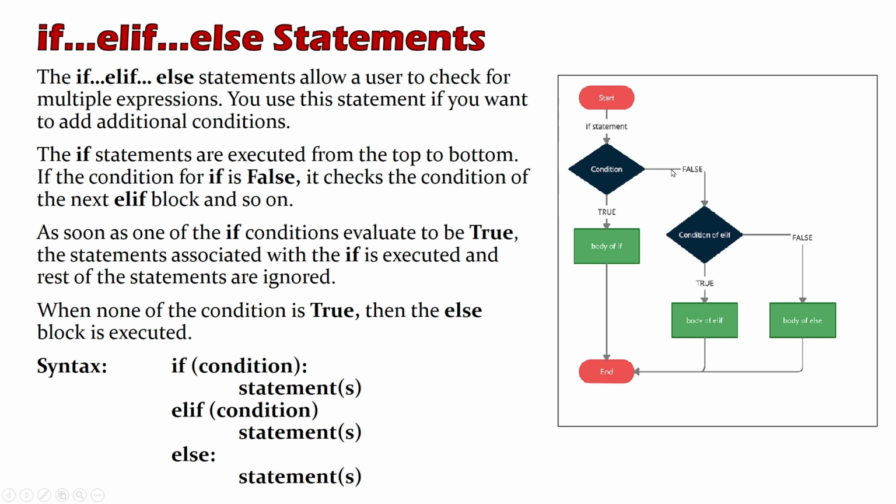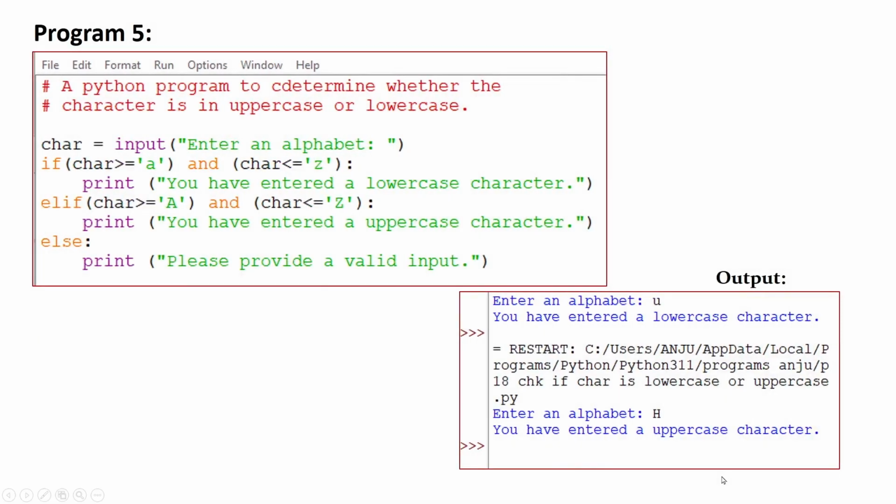And if this is false, then we will go to the elif part. If elif is true, then we will execute the body of elif and then go to the end. And if this elif is false, then we will go to the else part, execute those else statements, and then come to an end.